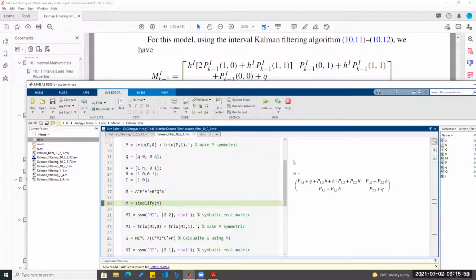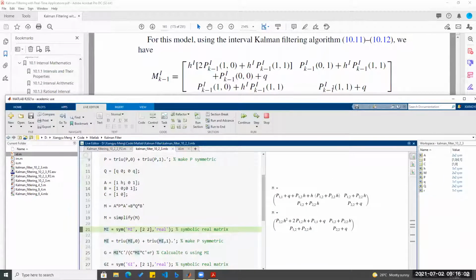So we can simplify M, then we can compare the values. Here is P22 plus Q. Because it starts with 0, this is the same. And here P12 plus P22H is the same as here, P12 plus P22H.